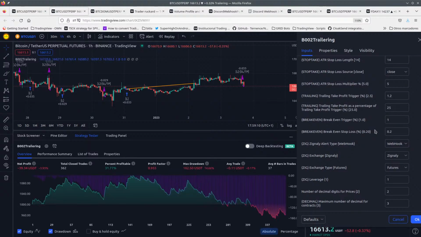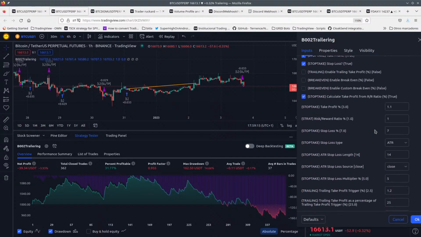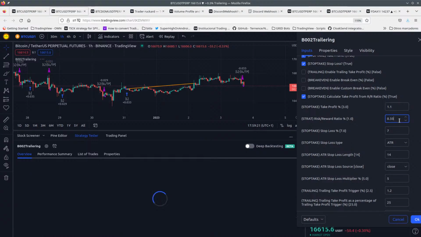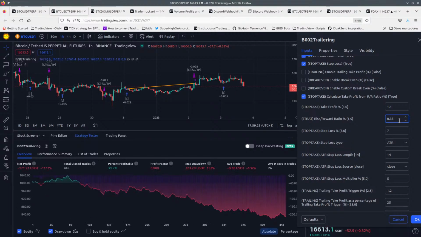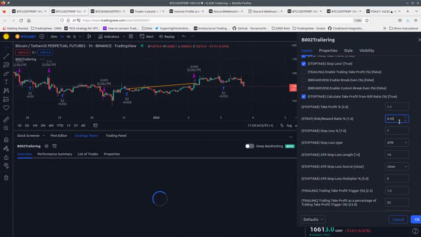Now let's change the ratio to 0.33. Yeah, because if you do it like this, it's going to be too much, isn't it?